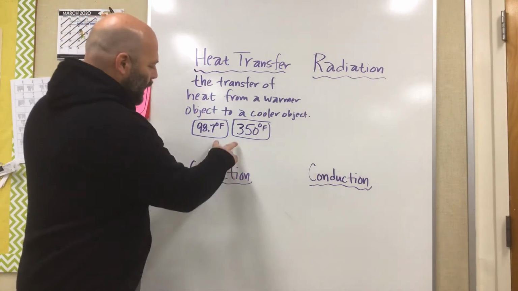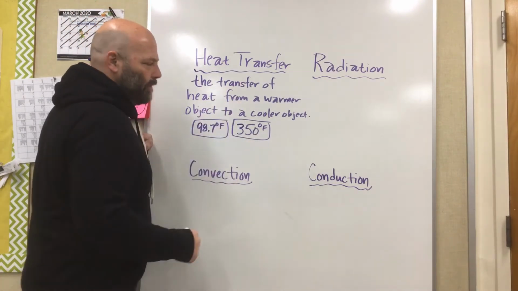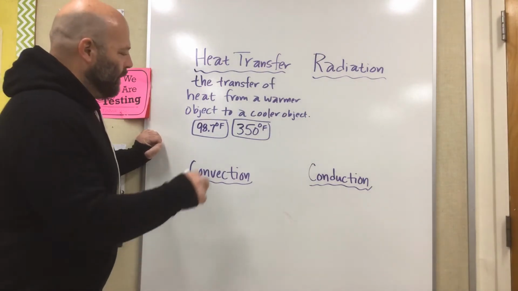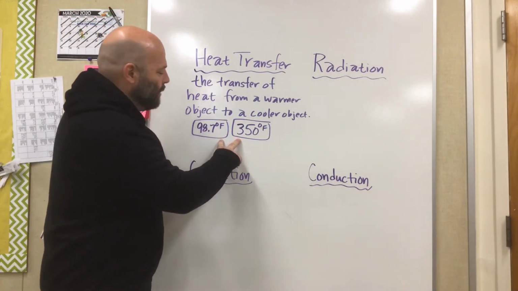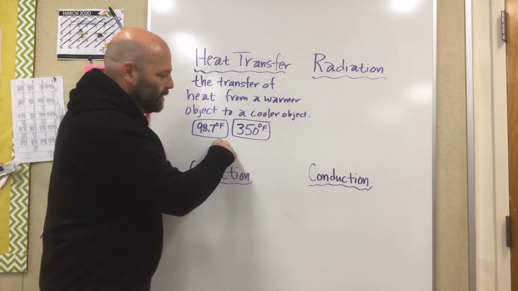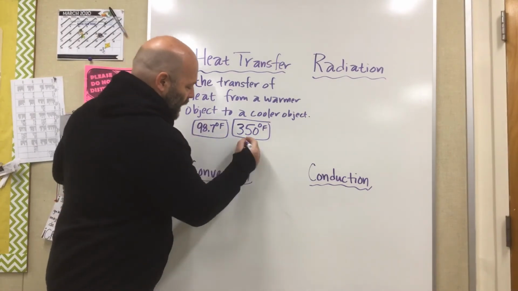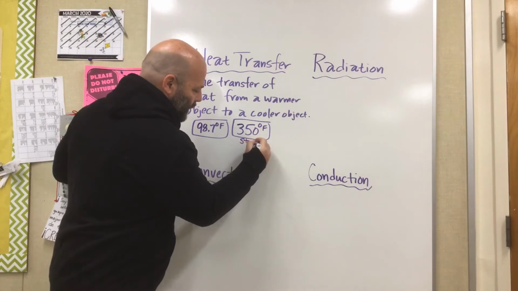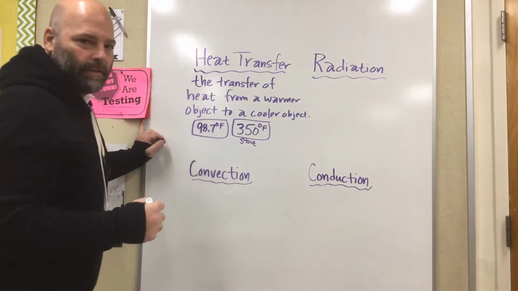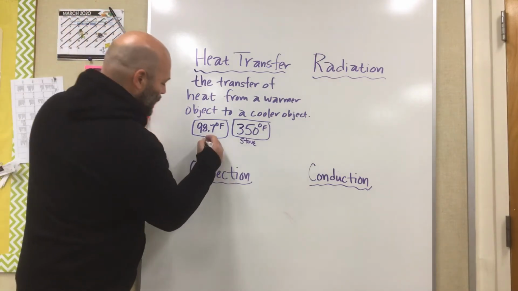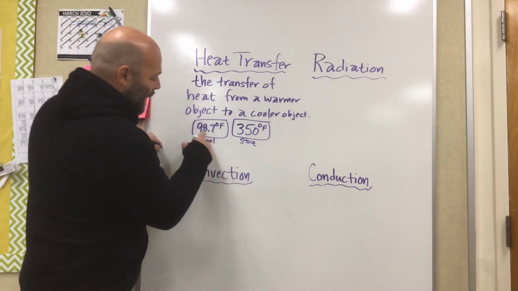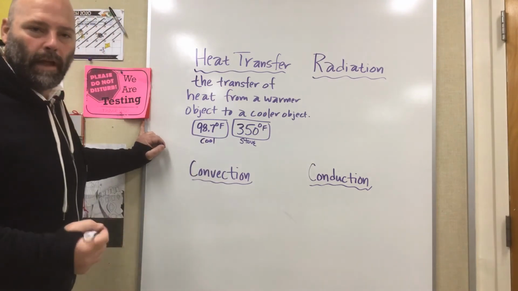So in this situation, if we read our heat transfer definition, you have a scenario that has 2 different temperatures. Obviously, which one's the hottest? Well, the stove is obviously the hottest, okay? 350 degrees is almost 3.5 times more than 98.7. So even though you're still hot, you're gonna be the cool object.